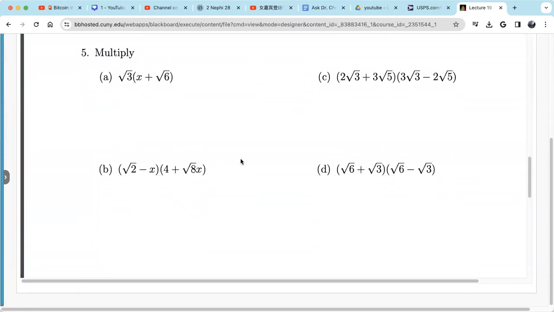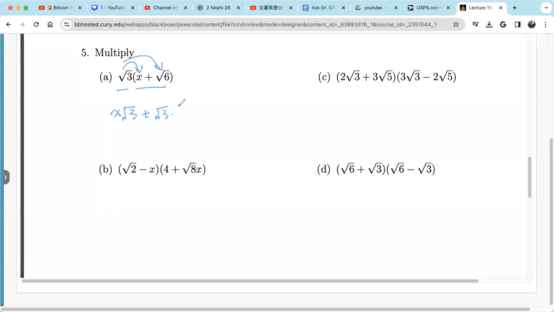Let's see 5. We multiply a monomial with a binomial, right? One term with 2 terms. So we distribute. Square root 3 times x. Yeah, I like to leave x up front of the radical sign. Then plus square root of 3 times square root of 6.